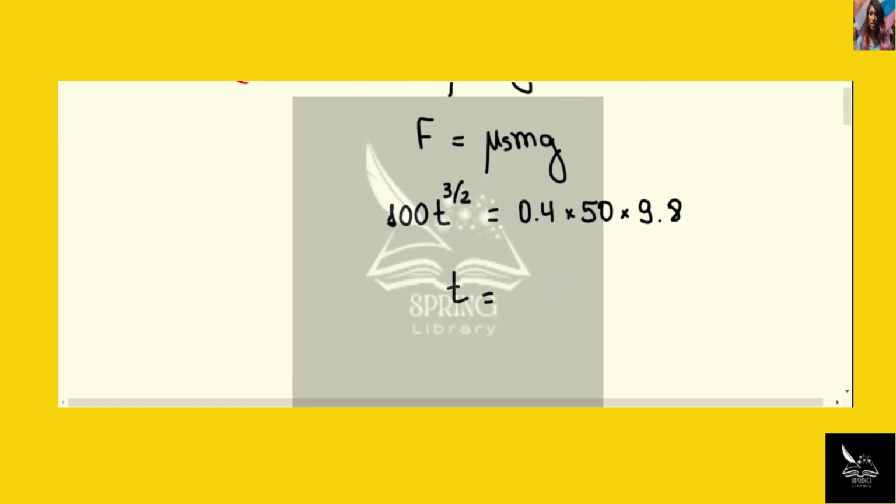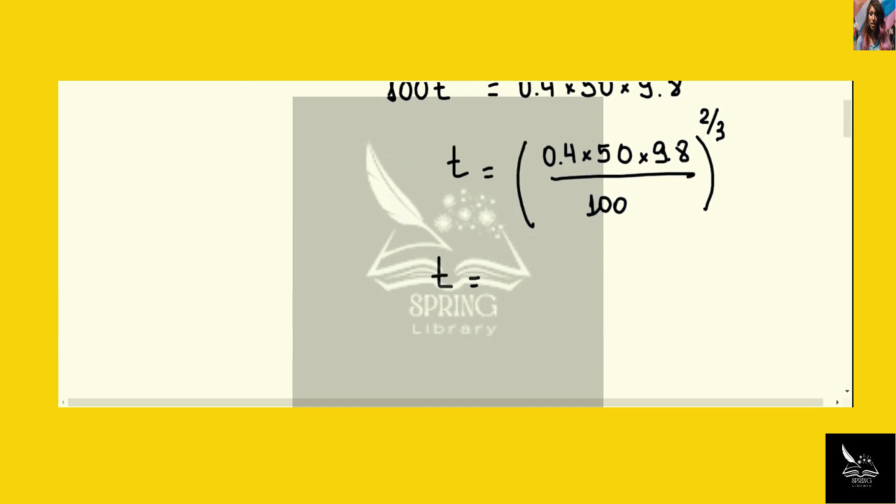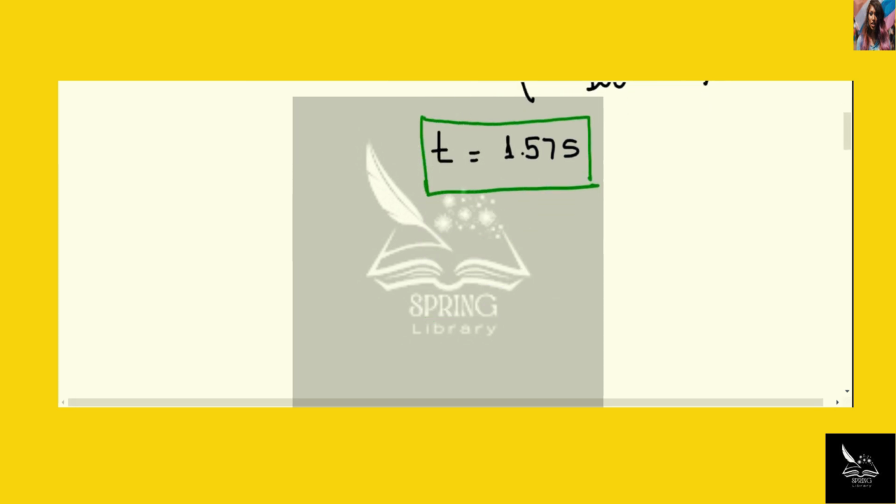So t is equal to (0.4 times 50 times 9.8 divided by 100) to the 2/3. So the time when the block starts moving is equal to 1.57 seconds. So let's save this because we're going to need this information.